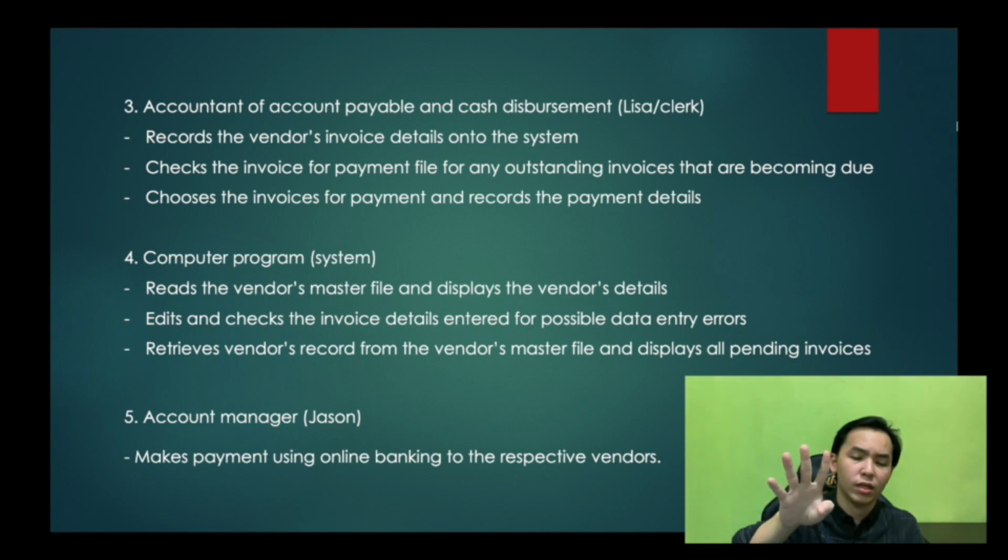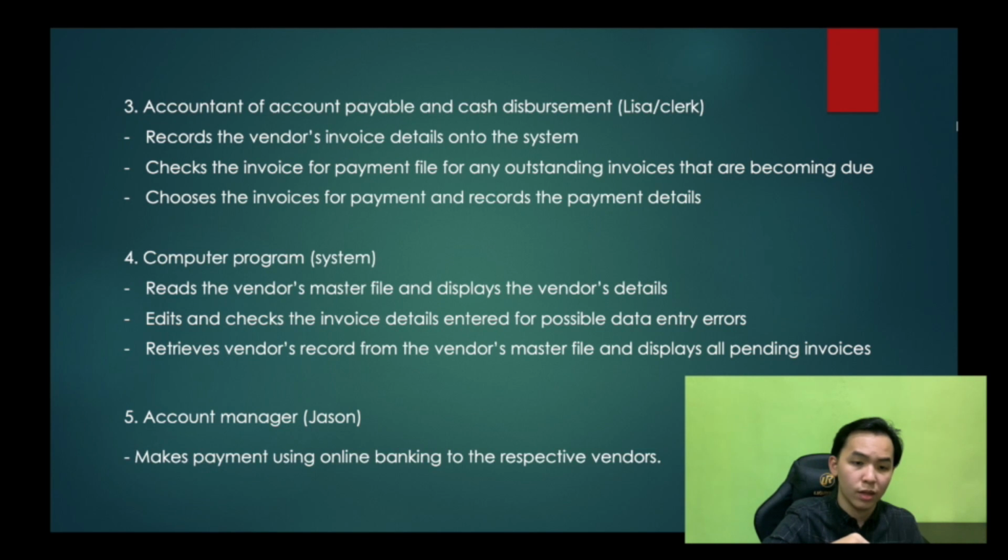For the fourth entity, computer program, a system. The activities are reads the vendor's master file and displays the vendor's details; second, edits and checks the invoice details for any possible data entry errors; third, retrieves the vendor's record from the vendor's master file and displays all pending invoices.